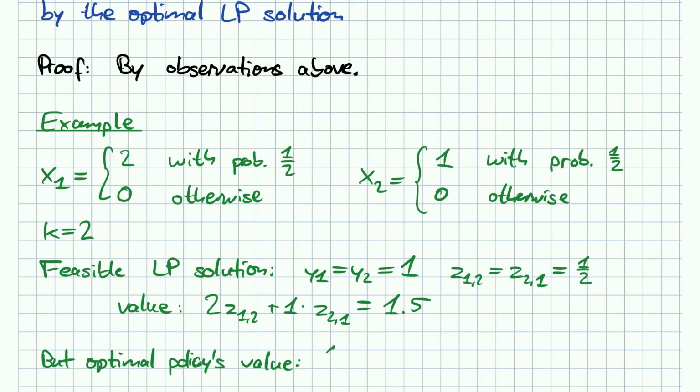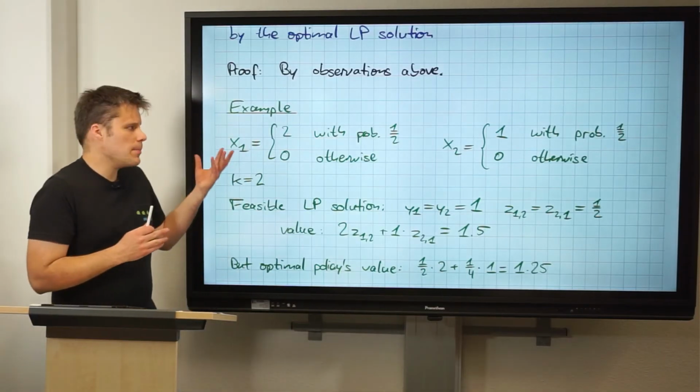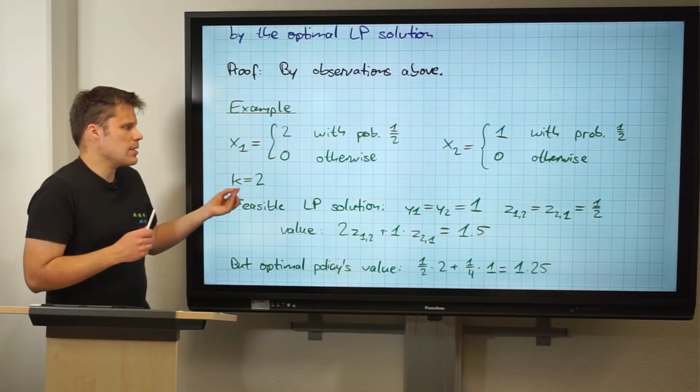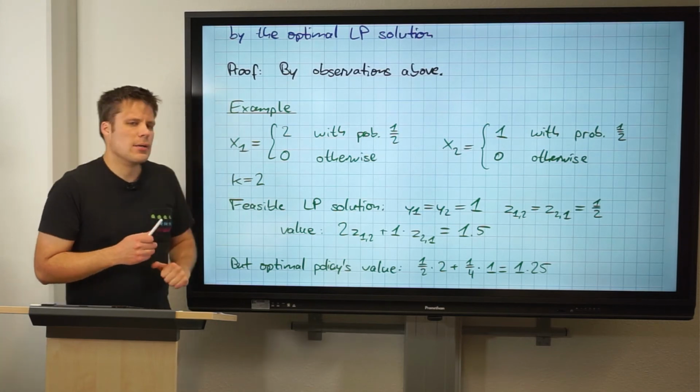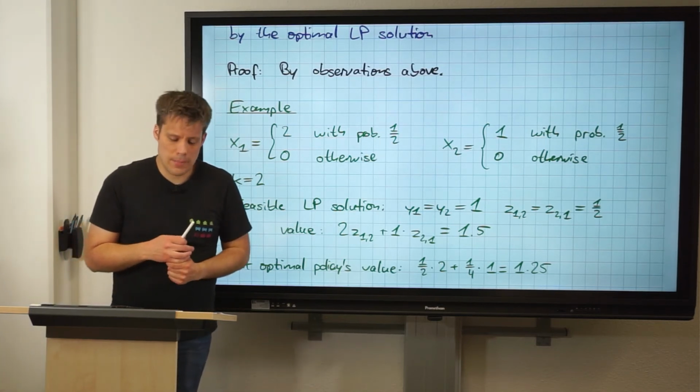It is a half times 2 plus a half times 1 plus a quarter times 1. So this is 1.25. So this is why this LP is actually a relaxation. Not every LP solution corresponds to a policy.